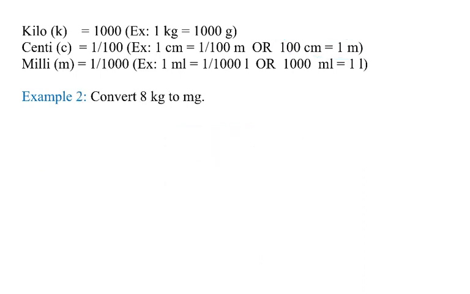Let's do a couple more examples. And I want to do a couple here where we don't have a direct conversion from the unit that we're given to the unit that we want. And so building the chain is more important.